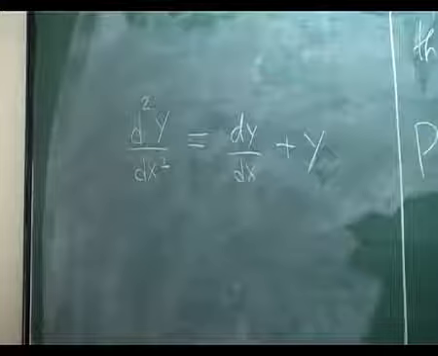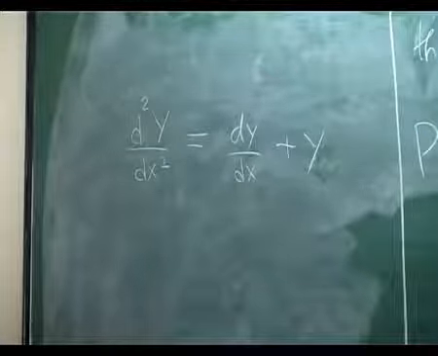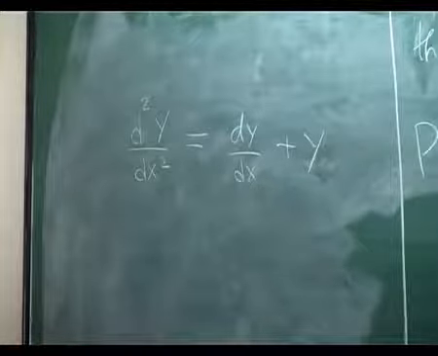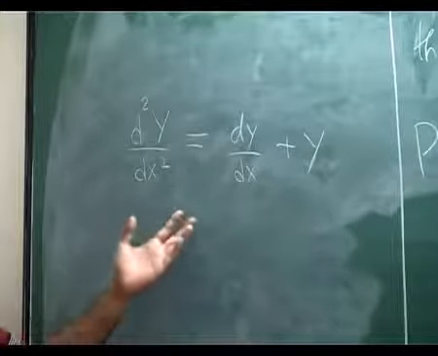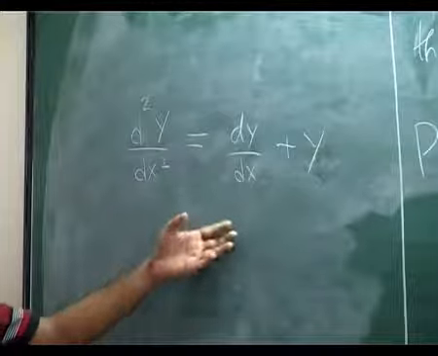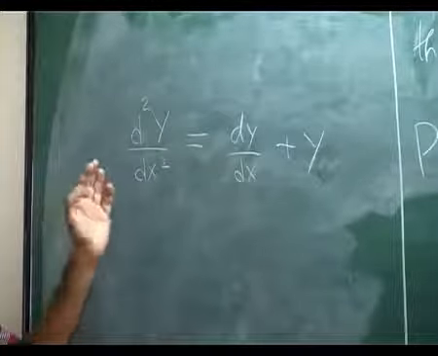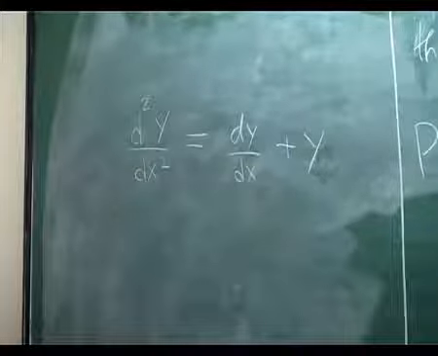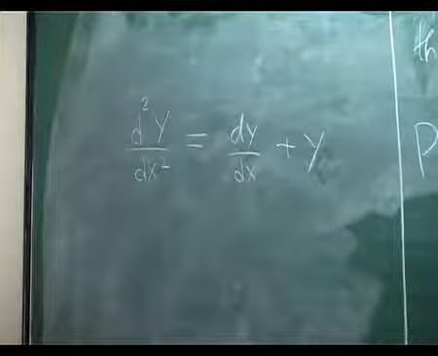If you have to solve this differential equation, d square y by dx square is dy dx plus y, right? So how does one solve an equation like this? You would usually put everything on one side, think of it as y double dash minus y dash minus y is 0, and then the auxiliary equation, right? You will find the roots of that quadratic polynomial and so on.